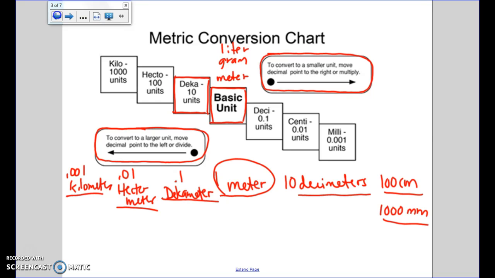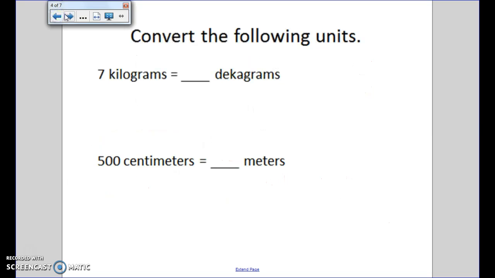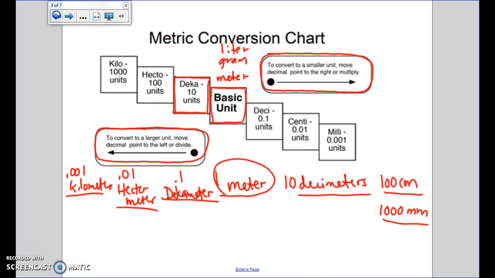Now in our first example, and I'm going to use green ink for this one, we have kilograms and decagrams. So we're starting with kilograms, and we're going down to decagrams. Oh, no, sorry.